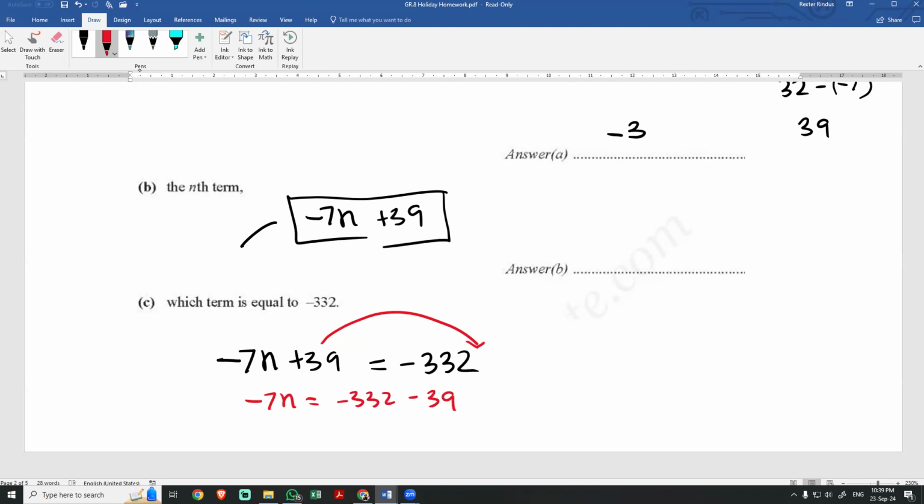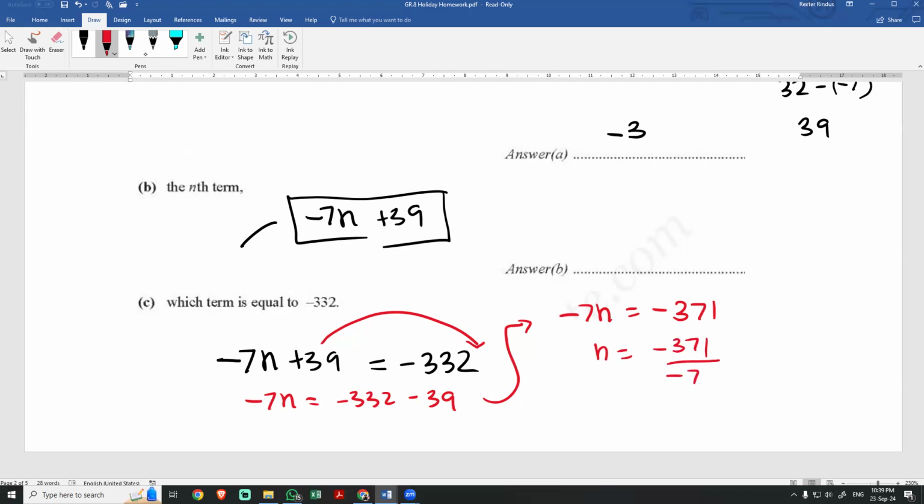So we will just continue solving it here. If you look at the particular value, negative 332 minus 39 is going to be negative 371. So negative 7n is equal to negative 371. To get rid of negative 7, n is equal to negative 371 over negative 7.